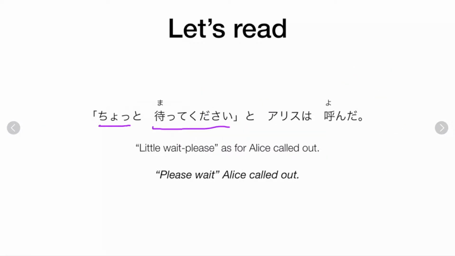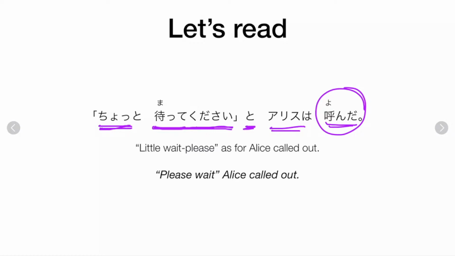Chotto matte kudasai to arisu wa yonda. So yobu is to shout out or to call out to someone, to yell. Past tense. So arisu wa yonda, so Alice yelled. And what did she yell? That's marked with to. Chotto matte kudasai. So you might know what that already means. Chotto is a little. Matsu is to wait.